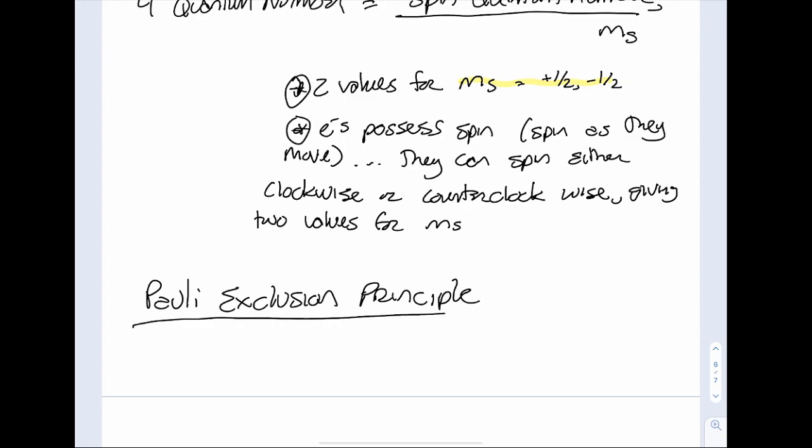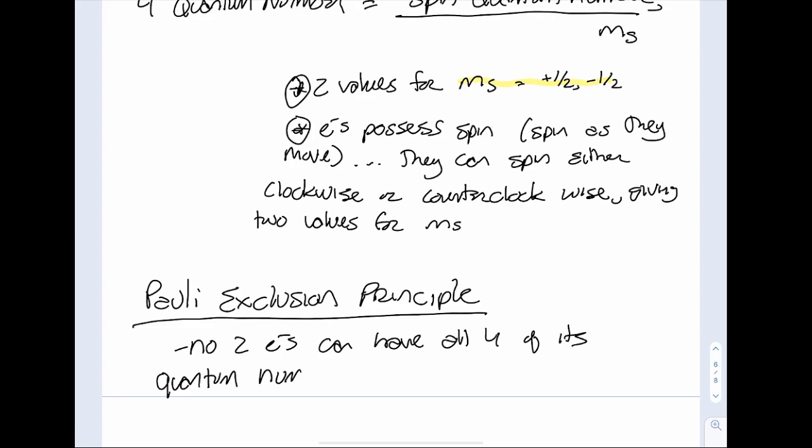So the Pauli exclusion principle tells us that no 2 electrons can have all 4 of its quantum numbers the same. So if you're going to put them into the same orbital, they're going to have the same value for n.